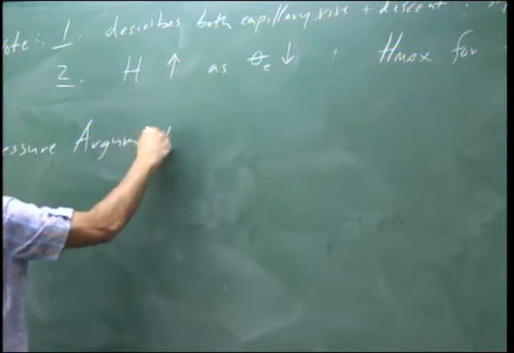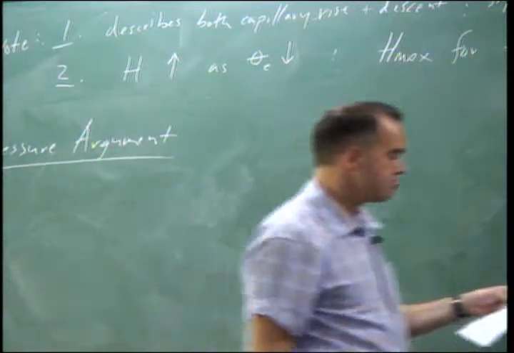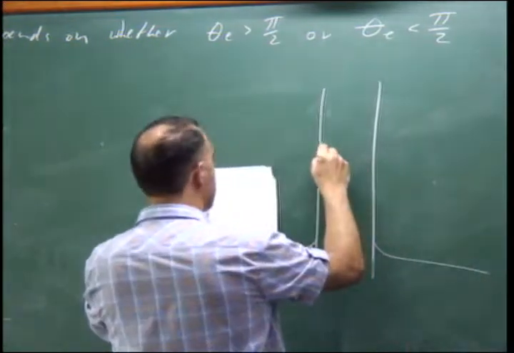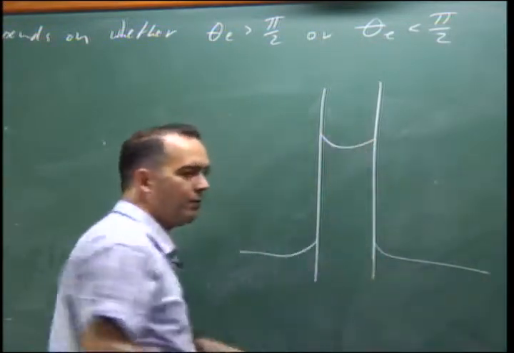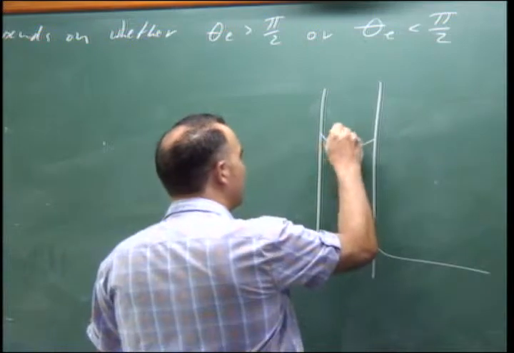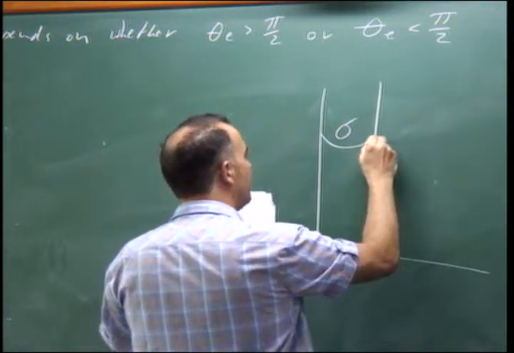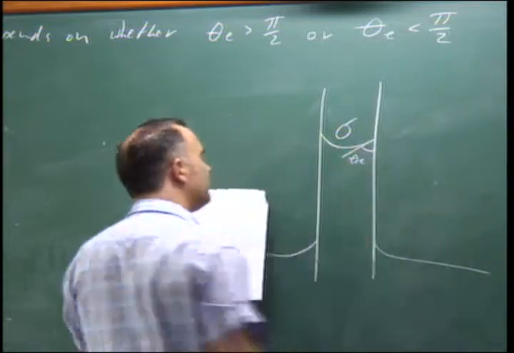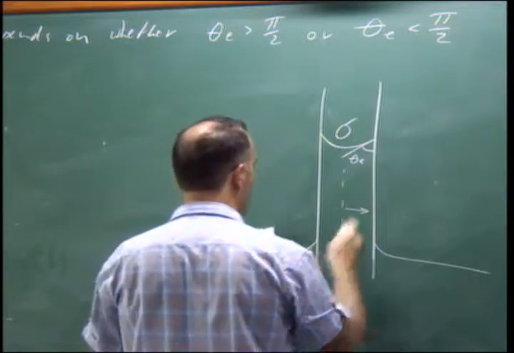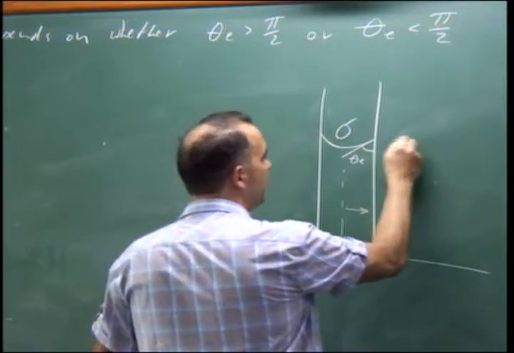Okay, so let's do a pressure argument. Now that we've established that this rise height only depends on this surface energy and the contact angle, let's just keep those, and we'll call this sigma, and this is theta E, and this is R, and this is height.